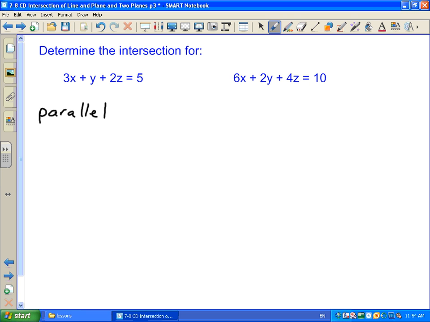So let's take a look at our normal vectors here. We'll call this plane 1, call this plane 2, and we'll get the normal vector for each of these. So our normal vector for plane 1 is 3, 1, 2. Our normal vector for plane 2 is 6, 2, 4.